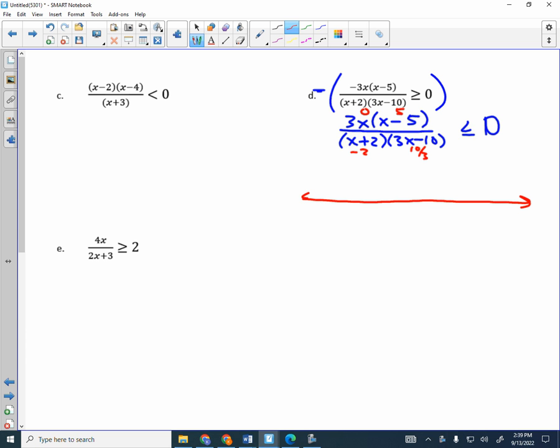Make sure you put them in order. So the least value would be negative 2, and then 0, then 10/3, then 5. So how many columns will I have? You're going to have 5 columns. It's one more than the number of factors that you have.